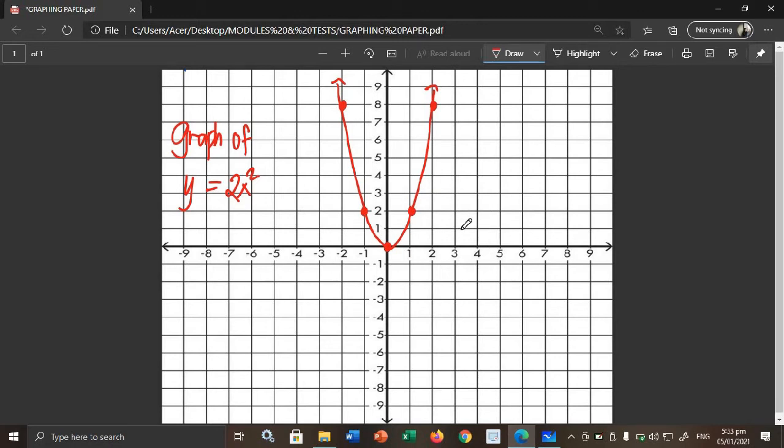Okay, so yung value ng vertex, ng axis of symmetry, you're going to write that below the graph. Axis of symmetry, domain, range, and then the direction of the parabola.